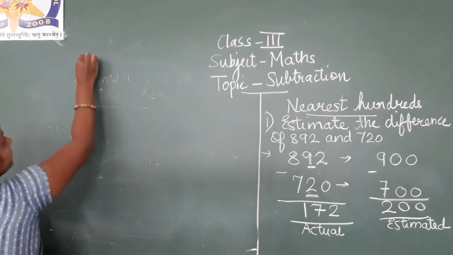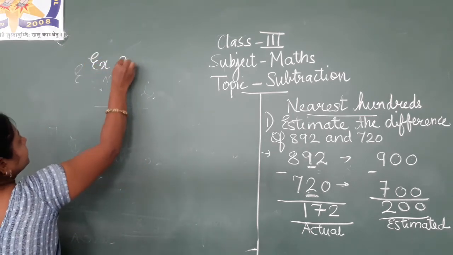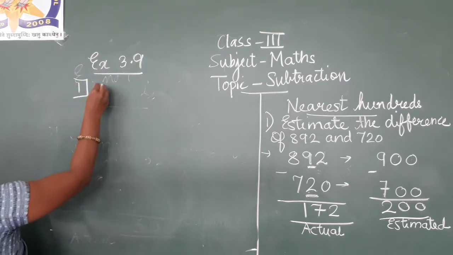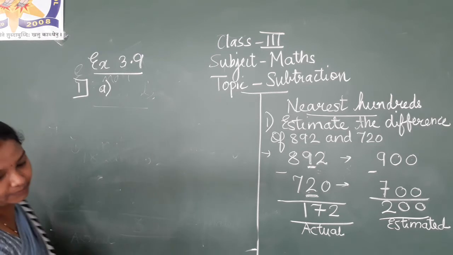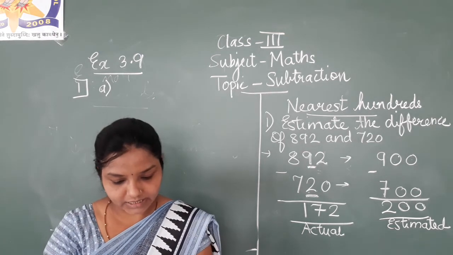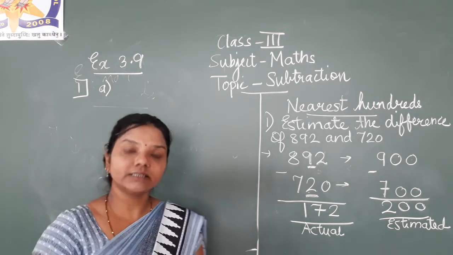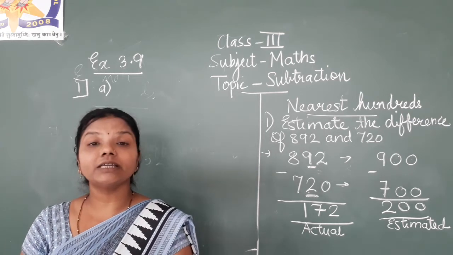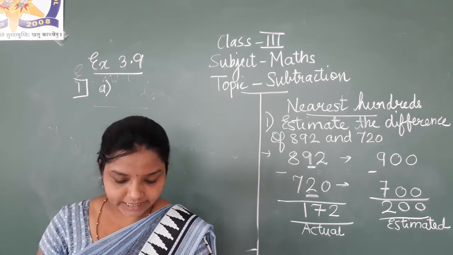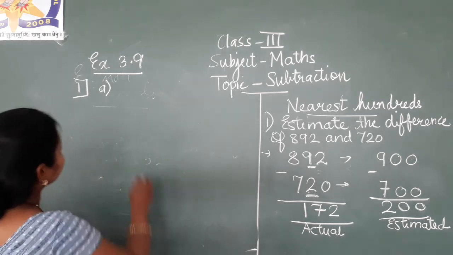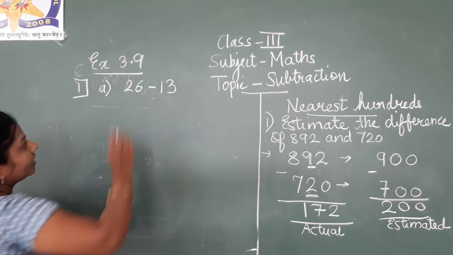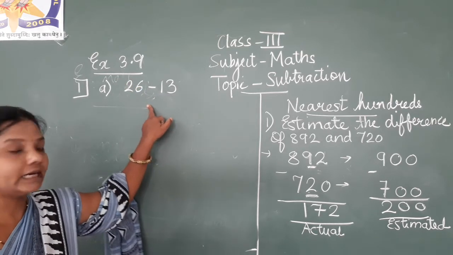Okay. Exercise number 3.9. First question. I will take the first one. Find the difference of 26 and 13 by estimating or rounding off the numbers to nearest tens. 26 minus 13. Okay, we have to round off to nearest 10.